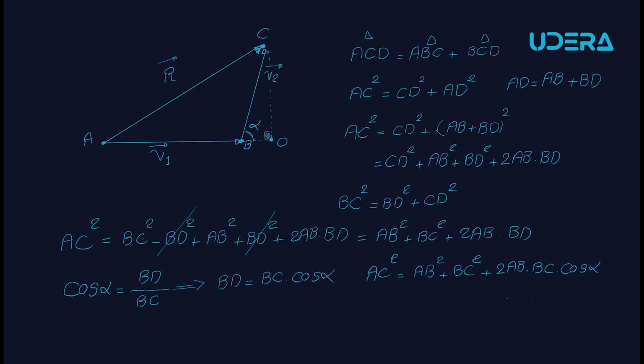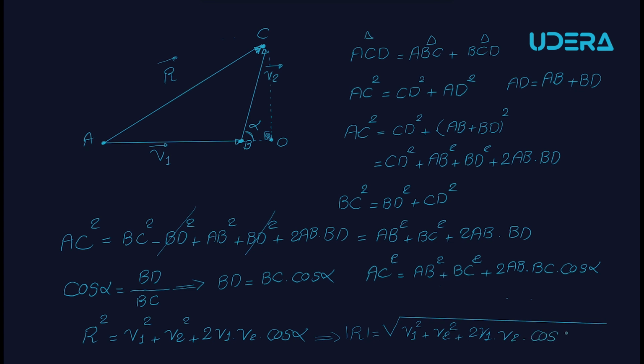Instead of AC, I can write R power 2 is equal to, instead of AB, V1 power 2 plus, instead of BC, V2 power 2, and so on, plus 2 V1 times V2 times cosine of alpha, and finally the square root of R power 2 will give us the magnitude of the resultant vector, which is the square root of V1 power 2 plus V2 power 2 plus 2 times V1 times V2 times the cosine of alpha.